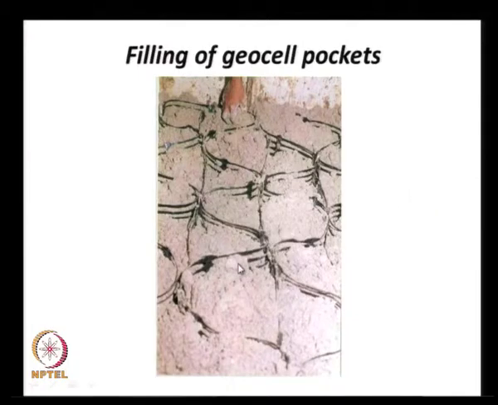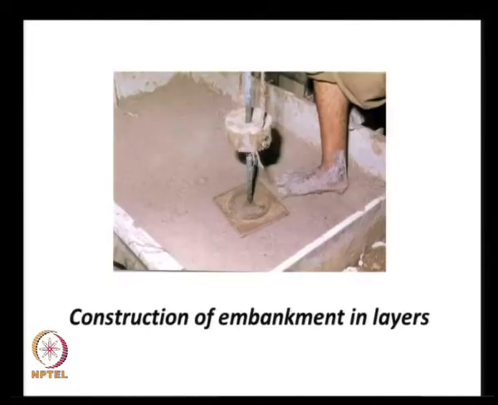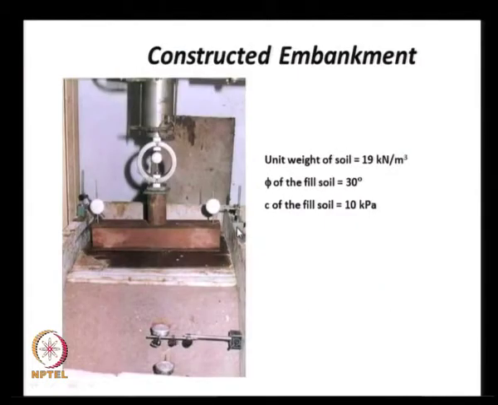And here we see the formation of the geocell mattress, and then filling with the soil, and 2 types of infill materials were considered. One is the granular soil material, and the other is soft clay material itself. And here we see the formation of the embankment that was done by compaction, and here we see the constructed embankment.